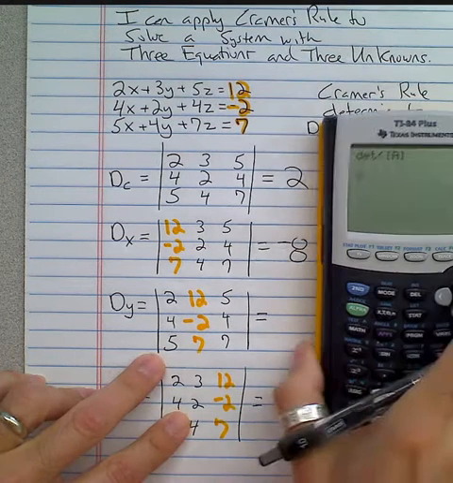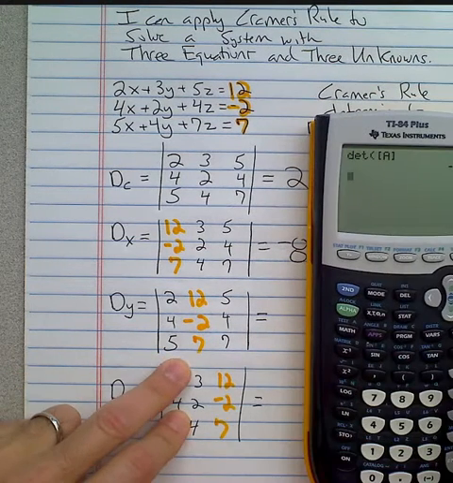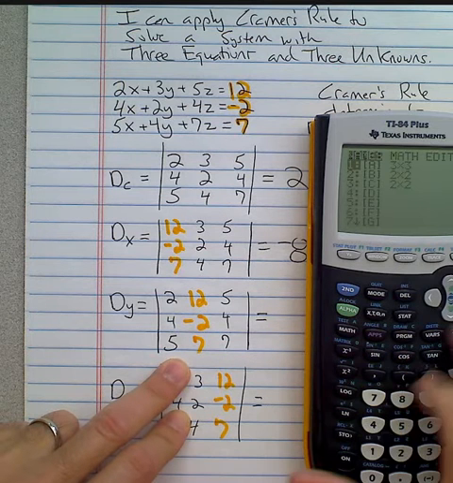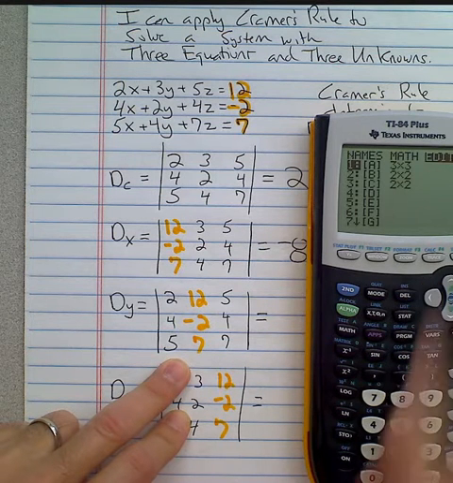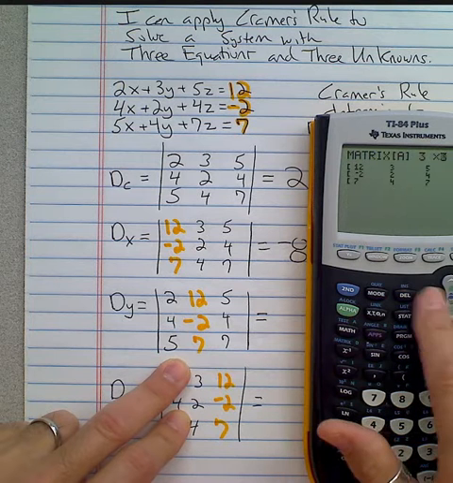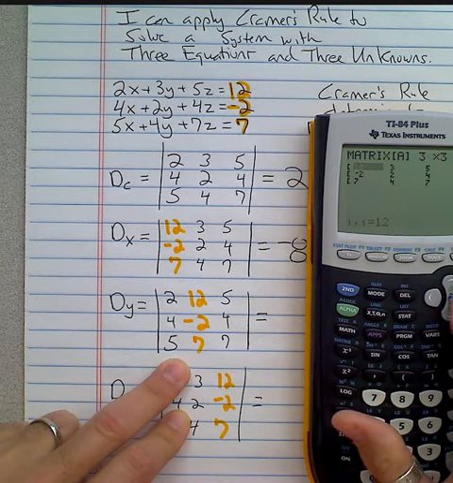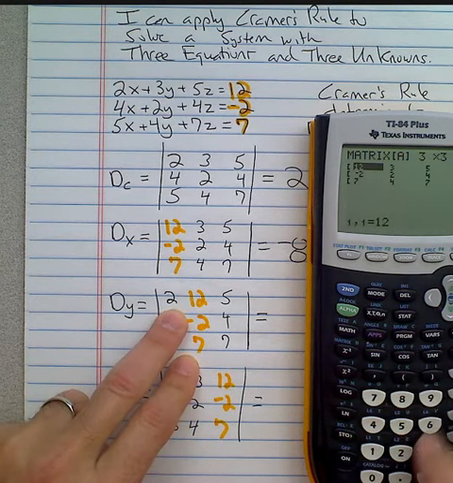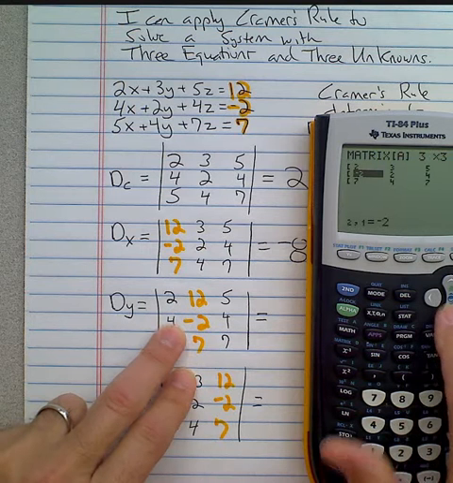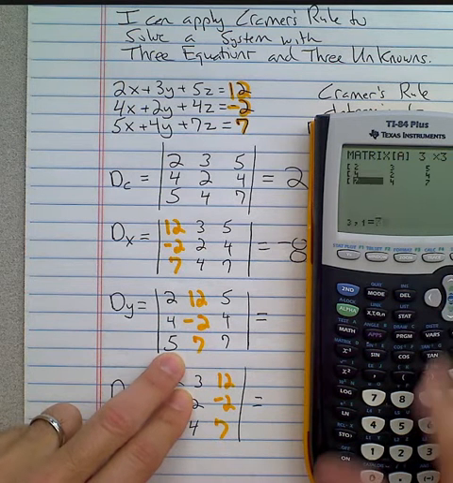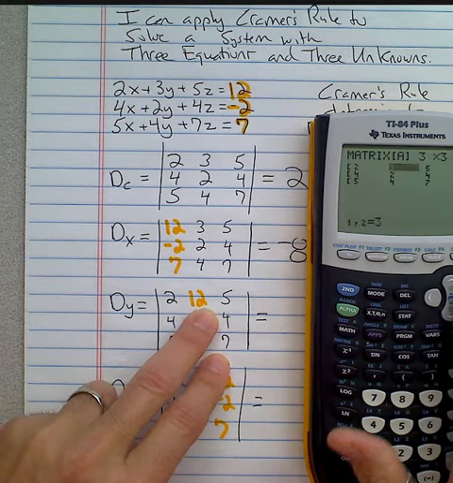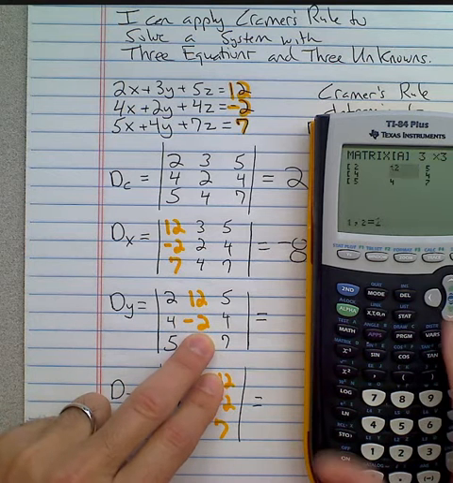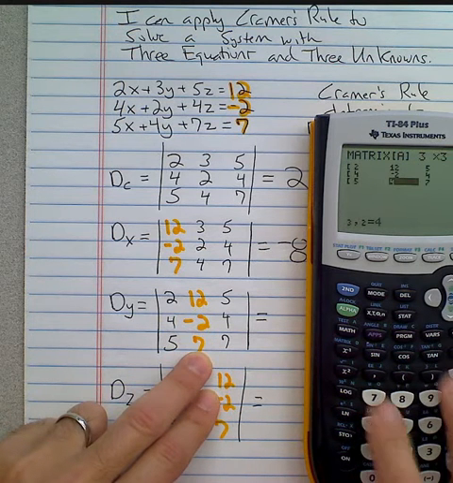We'll go back and find the determinant for y. So I'm going to go back to my edit. I'm going to change the first column back into its x's. And I will change the y column into the values that were to the right of the equal sign.